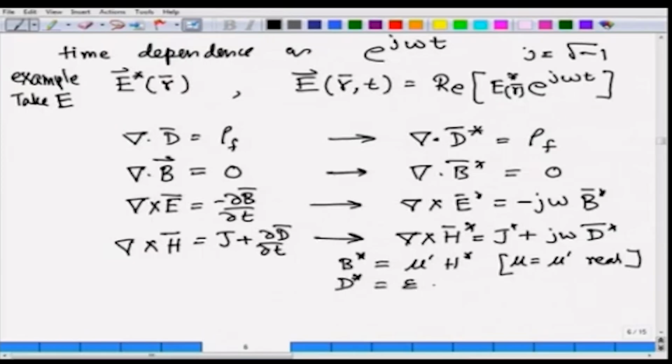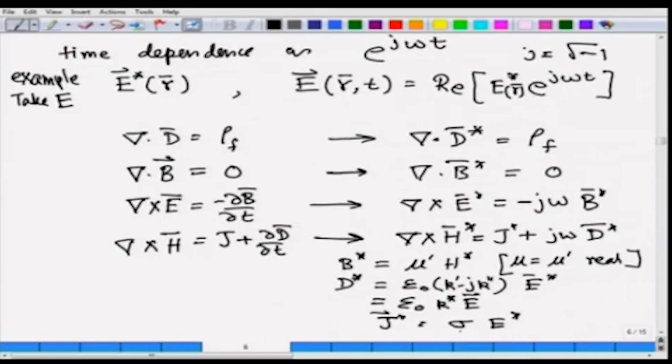epsilon naught times, now we are going to take complex dielectric constant, k prime minus j k double prime, times E star. And this we are going to write as epsilon naught k star E, and of course J is equal to sigma times E star, and this is the conductivity.